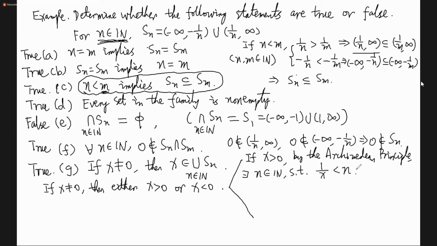Okay, because x is positive, 1 over x is positive. So we just find that n is greater than 1 over x. So once n is greater than 1 over x, we know that x is greater than 1 over n.